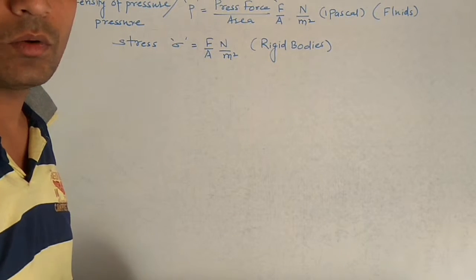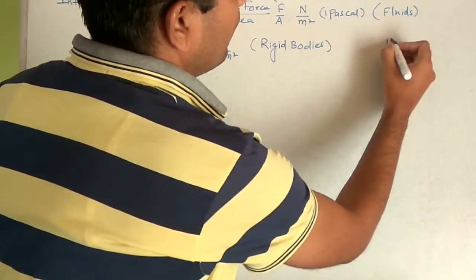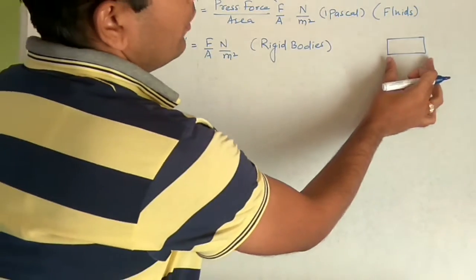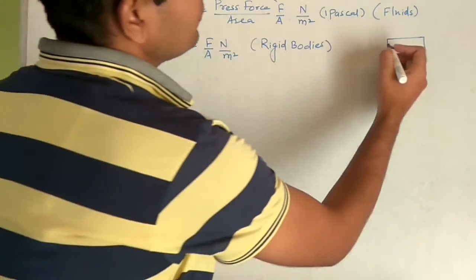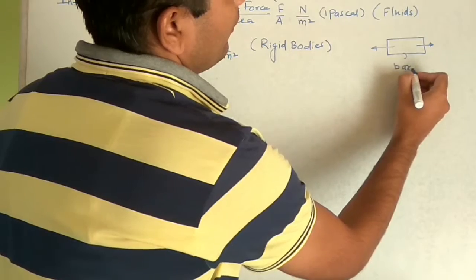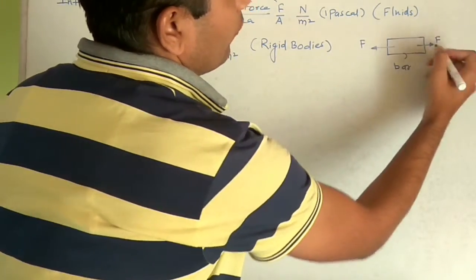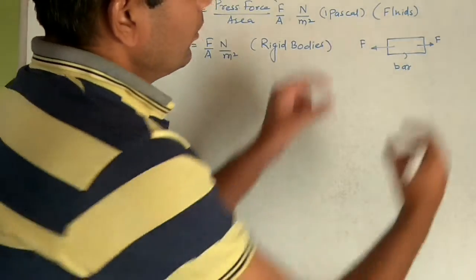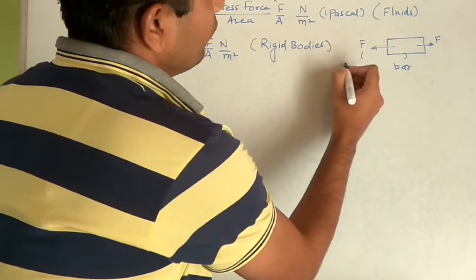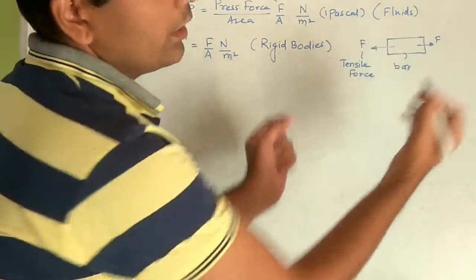If we see what is stress conceptually, suppose take any specimen, or any rectangular bar that is applied by the tensile force from both the sides, means the bar, we are pulling the bar in opposite direction, so these forces are tensile force because they are in opposite direction.